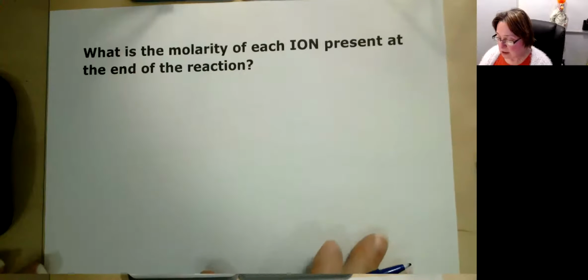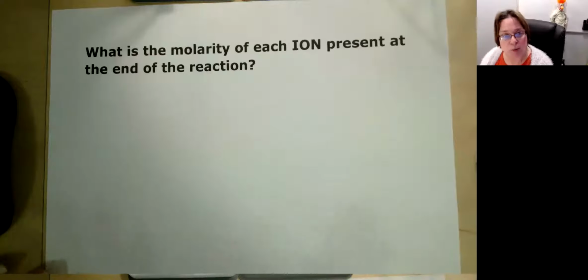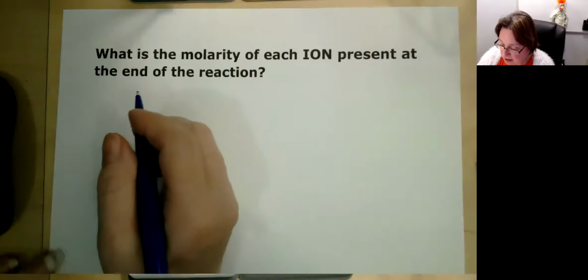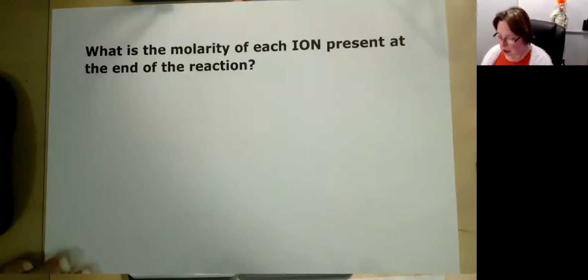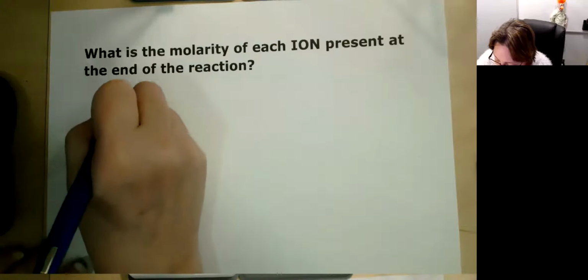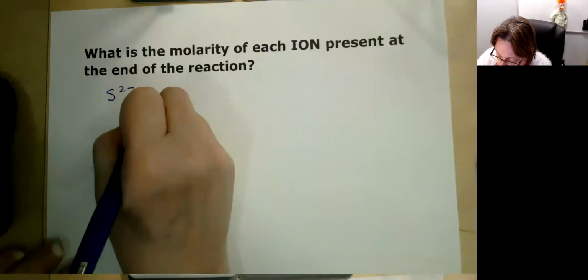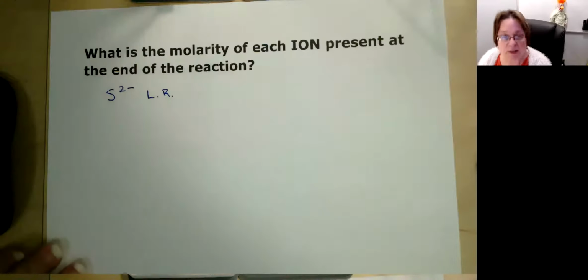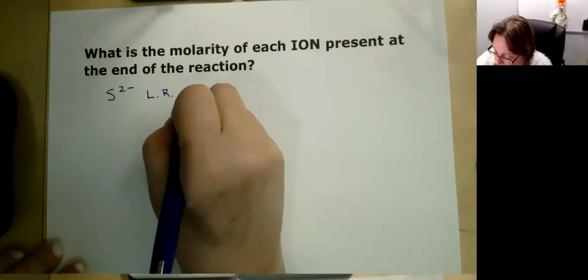Okay, so let's do the easy ions. Remember, there were 4 ions there at the beginning. Our limiting reactant is all gone, right? Our sulfide ion, which is our limiting reactant, there's my lazy person's abbreviation for it. Sulfide ion was our limiting reactant.